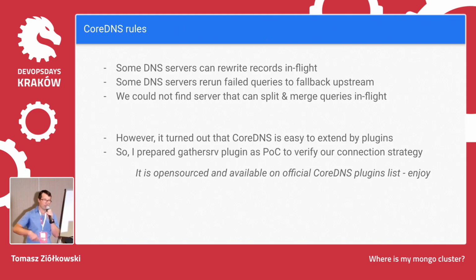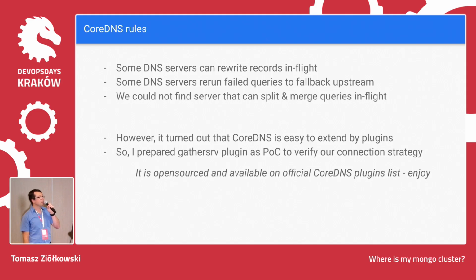When one fails, it can resend the query to another. However, we couldn't find any solution that is able to split a query into multiple queries and merge them in flight. However, it turned out that CoreDNS, the default DNS server for Kubernetes, has a nice extendable architecture.